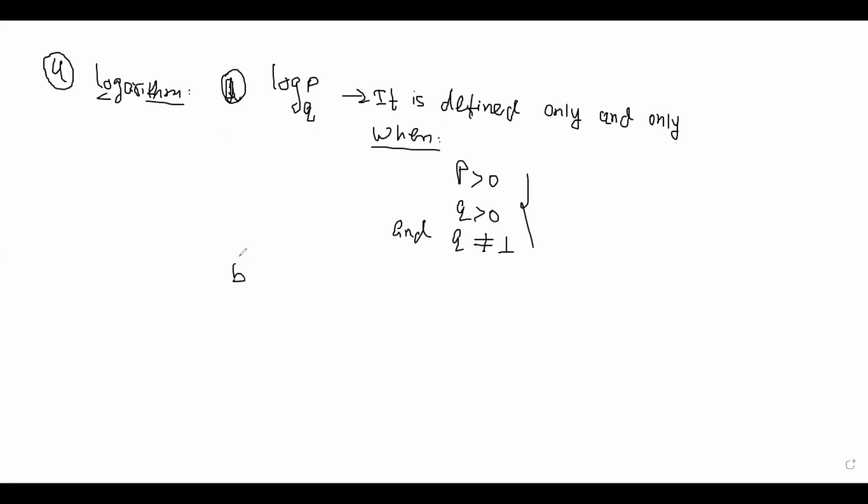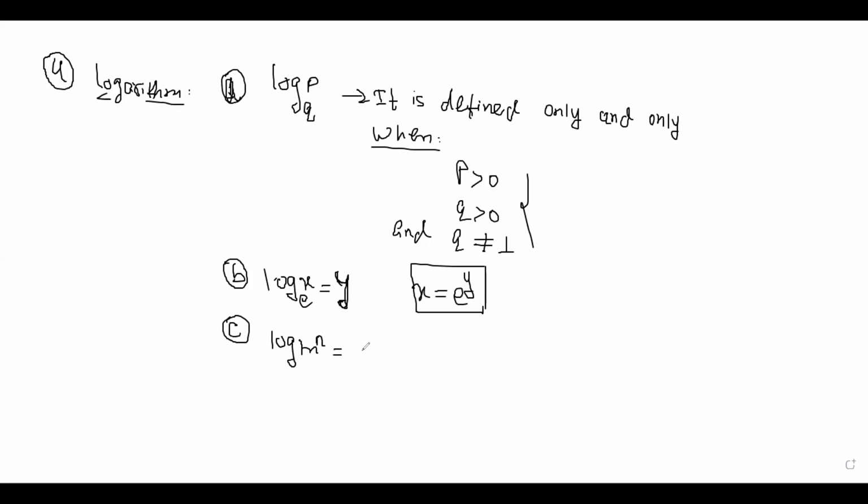Second part: if you write log x base e is equal to y, then you write x is equal to e to power y, e raised to power y. C: log m raised to power n.